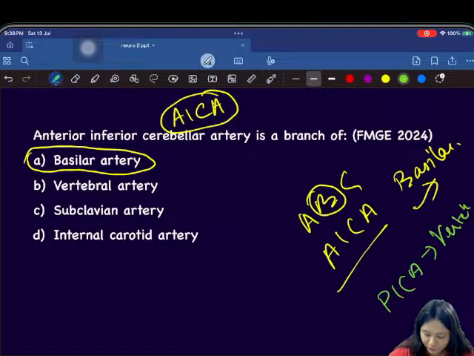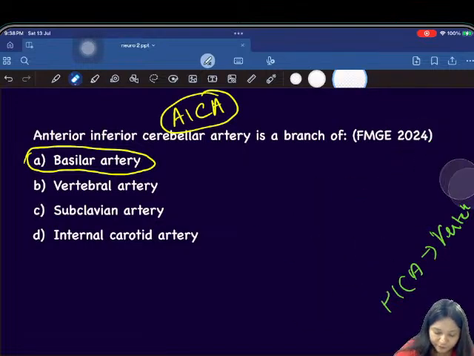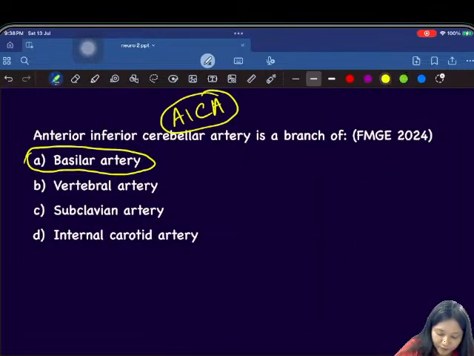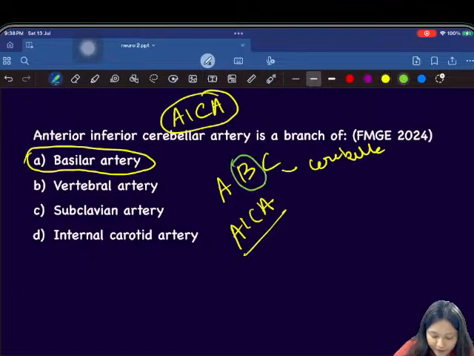AICA is from the basilar artery. You have to remember this. Just try to remember A, B, C, and C is for cerebellar. AICA, anterior inferior, means it is coming from B, the basilar artery.